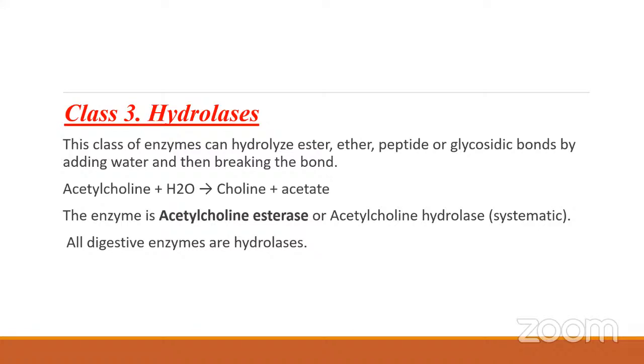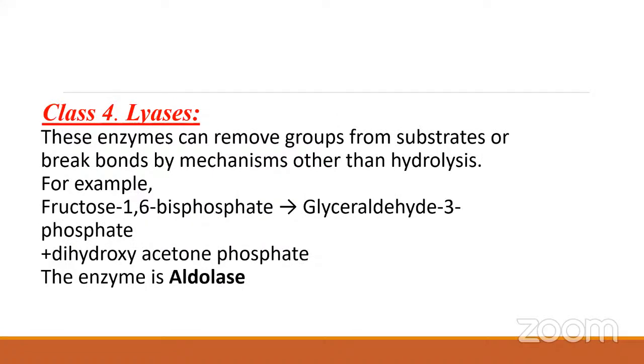The example given is acetylcholine being converted into choline plus acetate, by the action of the enzyme acetylcholine esterase, or acetylcholine hydrolase, which is the systematic name. This belongs to the class hydrolases, and we have to know that all digestive enzymes inside our body belong to the hydrolases group.